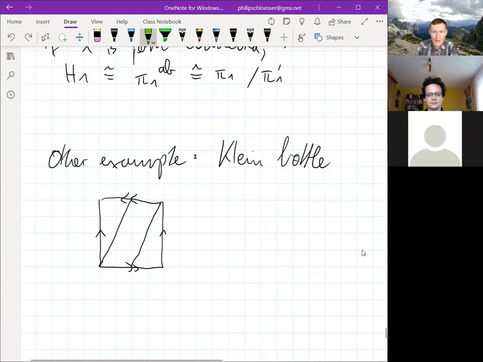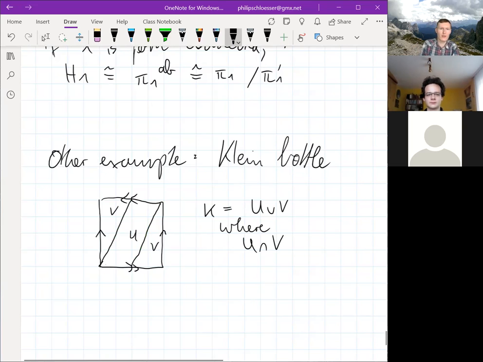So, we call this thing U and this thing V. I guess I called the space K. K is a union of U and V, where the intersection of U and V is just this line here.